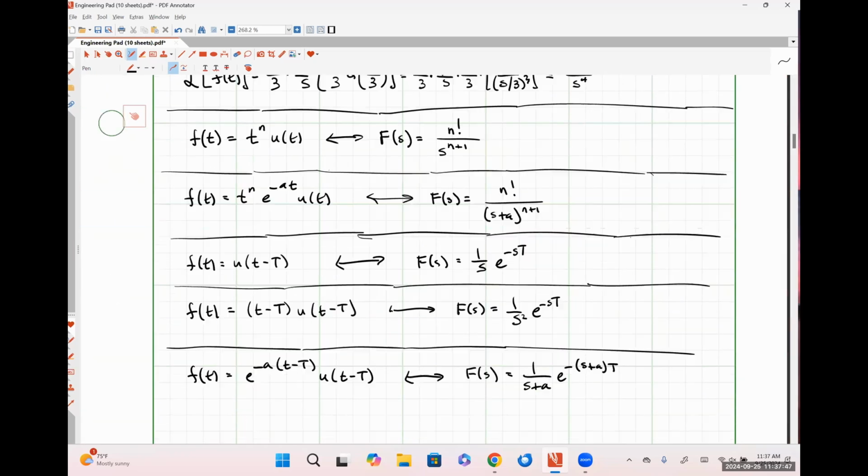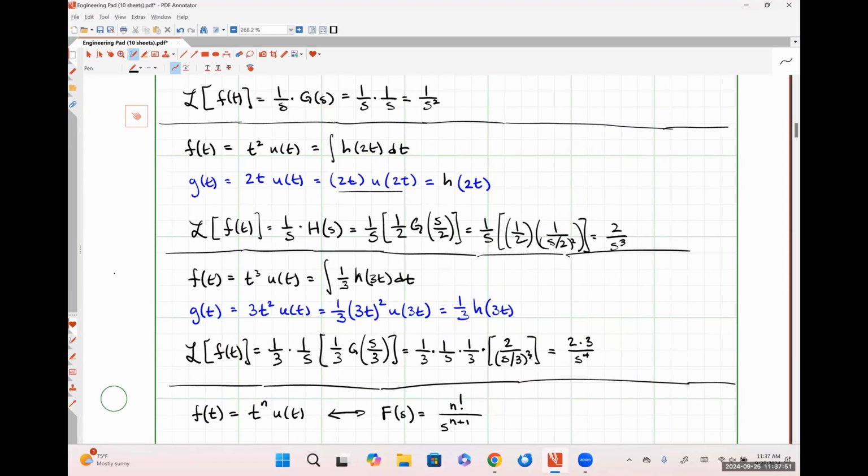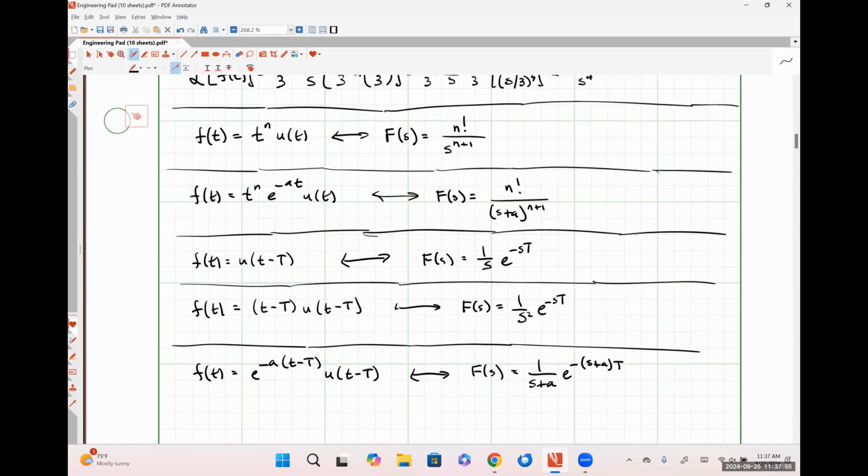Let me just double check here. So this thing right here, I'm using this guy right here, okay? So I have an s plus a thing to the second power. So that means n must be equal to 1.